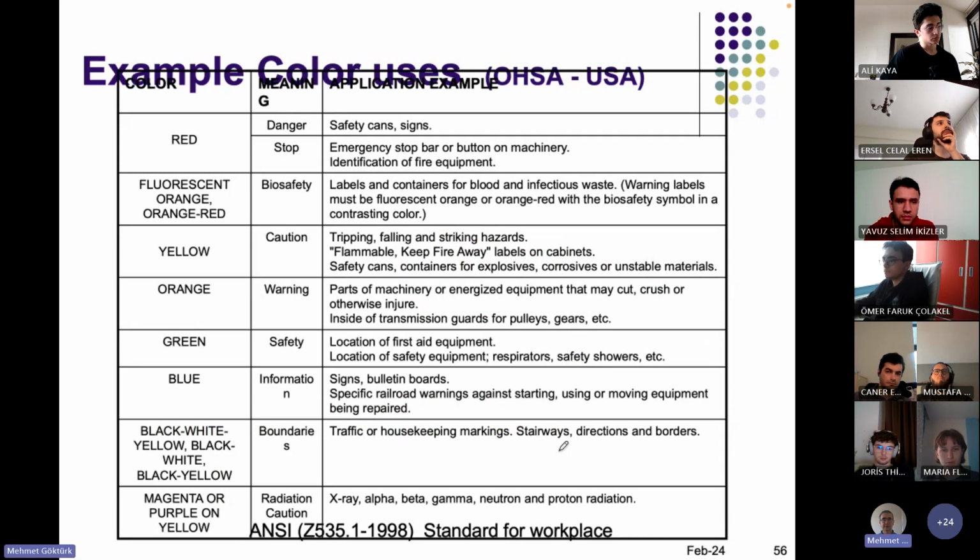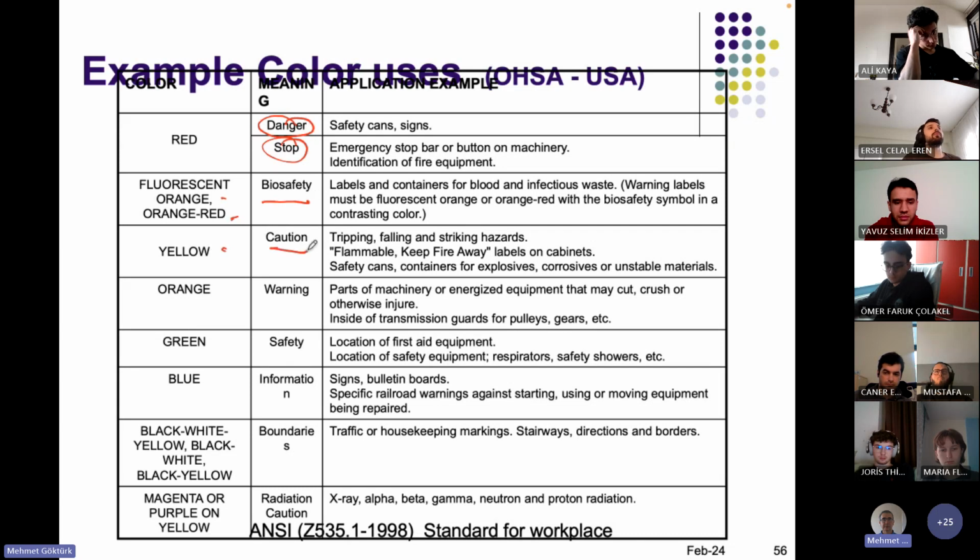This is the only document I can find officially. That's the answer document for the color indication. Usually red is associated with danger and stop. Orange and orange-red is biosafety.